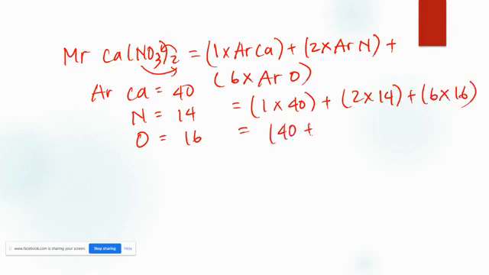So 40 plus 28 plus 96. So the MR value of calcium nitrate is 164.